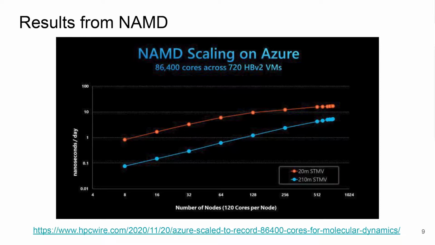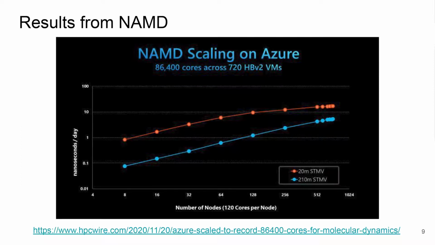By the way, the 200 million atom system is apparently very close to the COVID-19 virus structure. So this also scaled pretty well to about 86,000 cores. And this is the scaling plot.